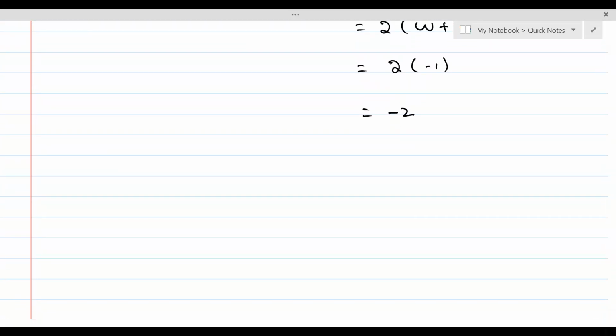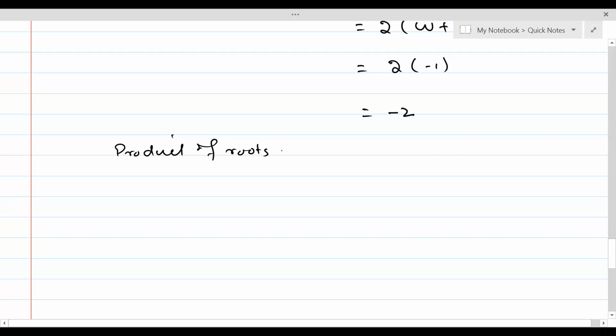And the product of roots of the required equation, which is called PR, is equal to 2 omega times 2 omega square.